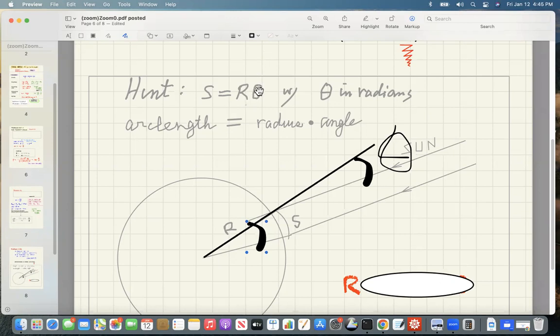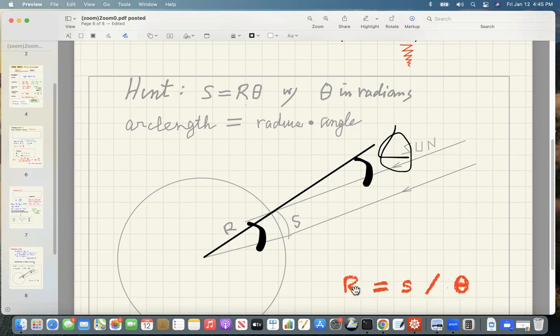Your calculator can convert between degrees and radians. There's a button on your calculator which tells whether you're calculating an angle in degrees or in radians. Well, you want to use this equation. What you want to know is r, the radius of the Earth. That's what Eratosthenes was calculating.